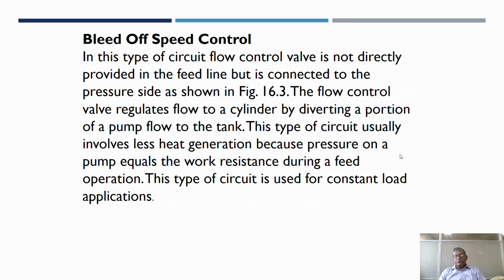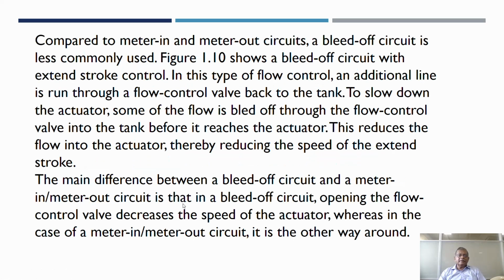This type of circuit usually involves less heat generation because the pressure on the pump equals the work resistance during a feed operation. It is used for constant load applications. If any excess load develops, the pressure relief valve opens and the excess pressure may be relieved to the reservoir. That is the advantage here.